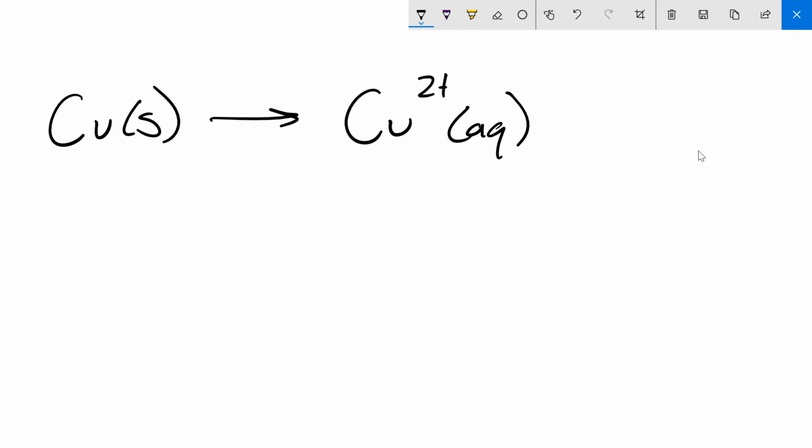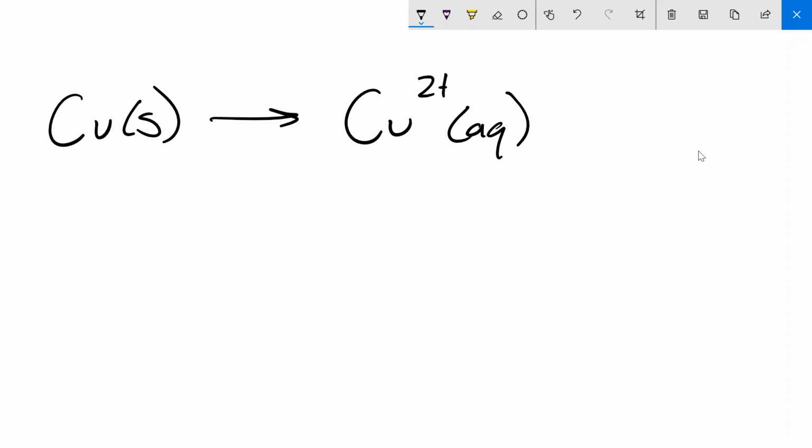That brings us to our last step, making sure that the charge of our reaction is balanced. Currently, the reactant side has a 0 charge, and the product side has a 2+ charge. We recognized copper lost electrons, so we should anticipate that those electrons show up on the product side.